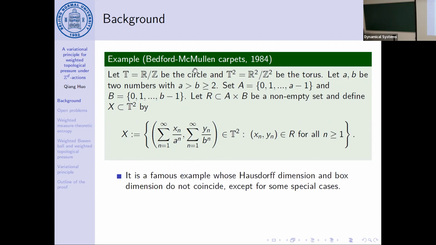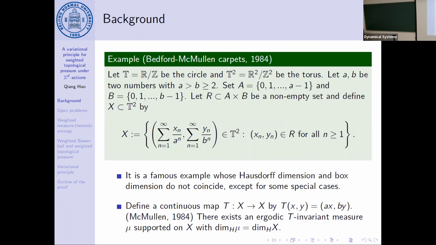Bedford and McMullen independently determined the Hausdorff dimension of these carpets. It is a famous example whose Hausdorff dimension and box dimension don't coincide, except for some special cases. Moreover, if we define a continuous map T on the carpets by T(x,y) equals (A times x, B times y), where A and B are bigger than 2, obviously it is expansive.